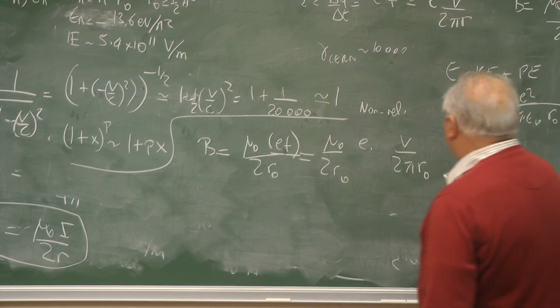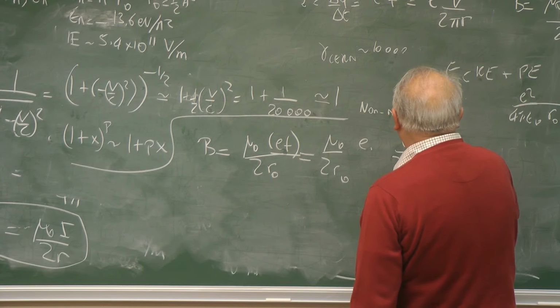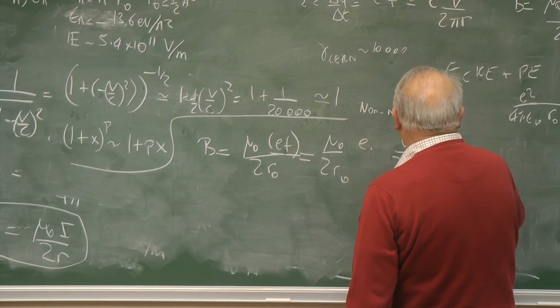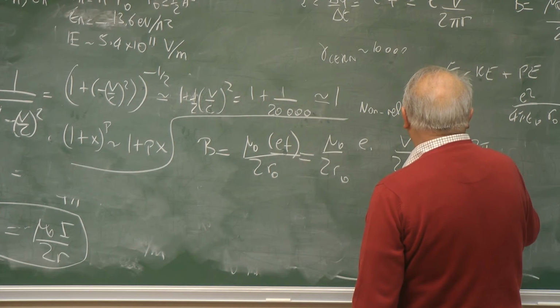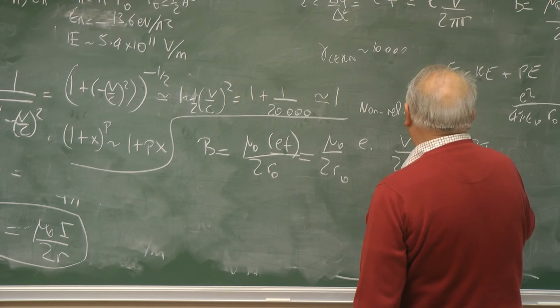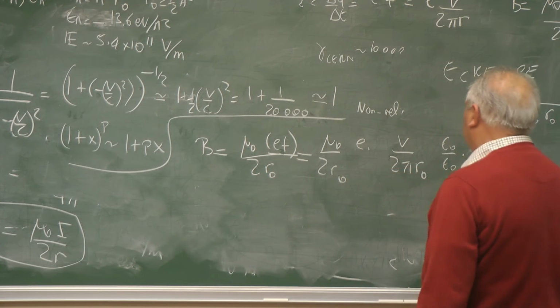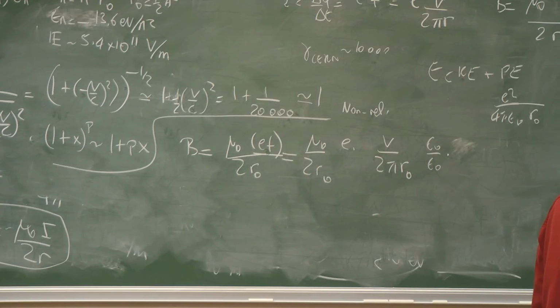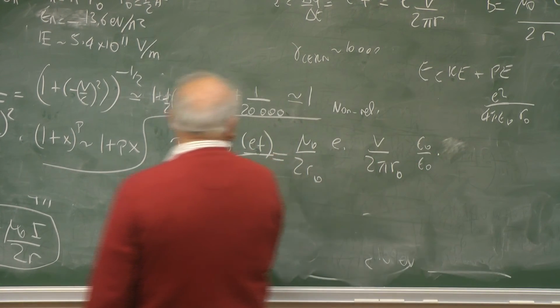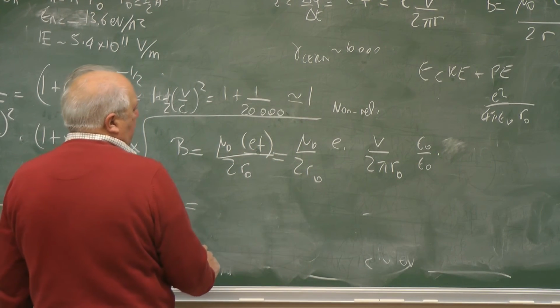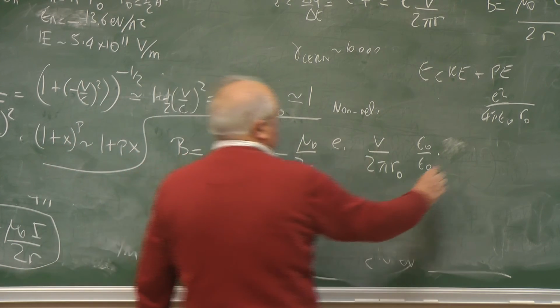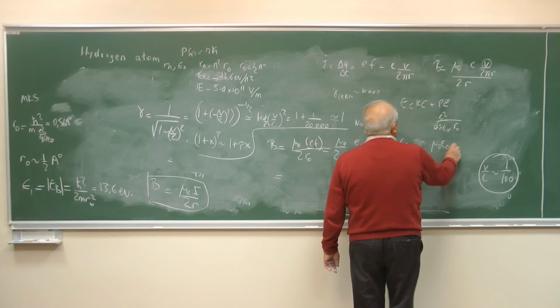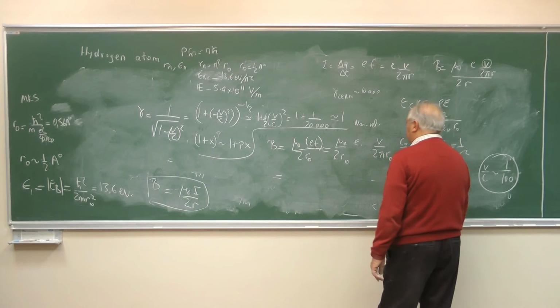Now, I will multiply by epsilon 0 and divide by epsilon 0. Mu 0 epsilon 0 in the MKS units is 1 over c square.